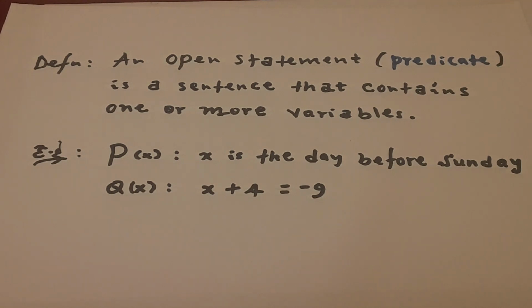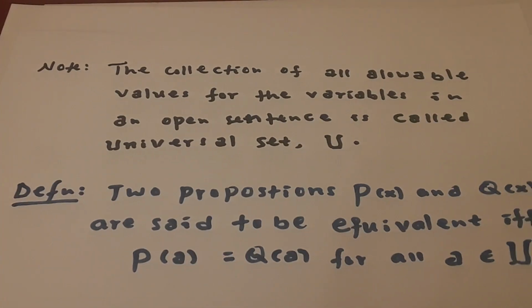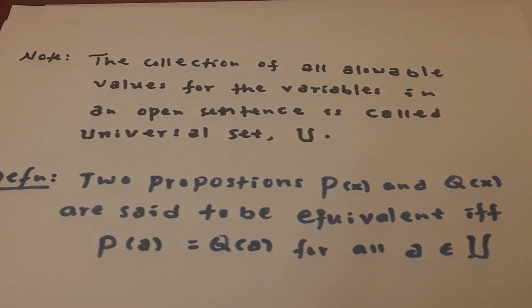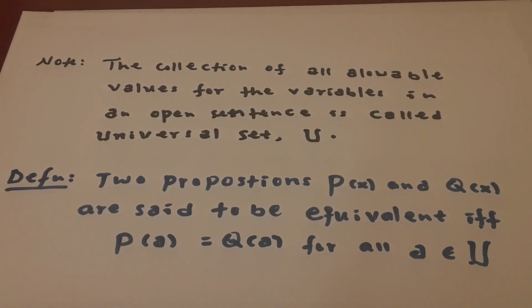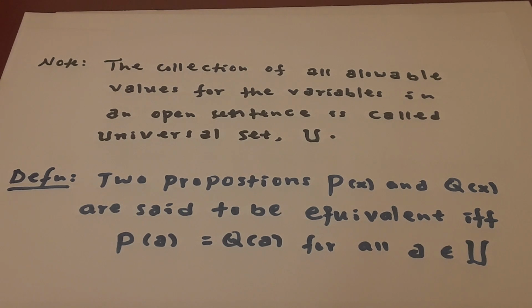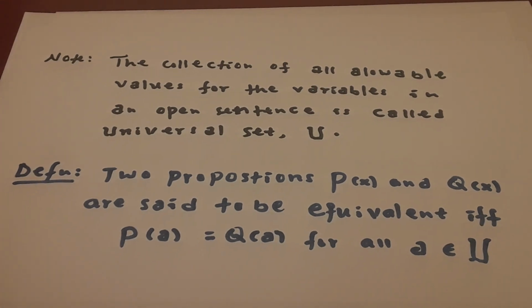So an open statement or predicate is a sentence that contains one or more variables whose truth value depends on the value assigned to the variable. After we plug in or substitute, it reduces to a proposition.